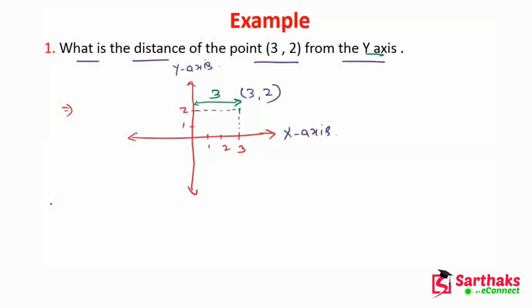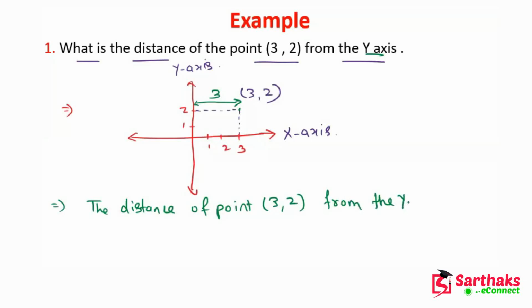So we can write that the distance of the point (3, 2) from the y-axis is 3 units. I hope you understand these things. Now let's move on to the next question.